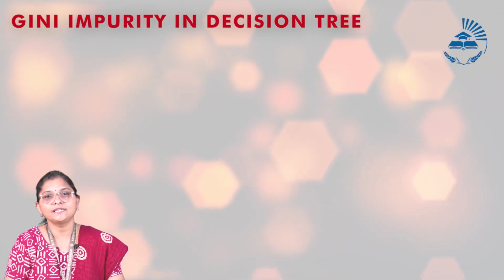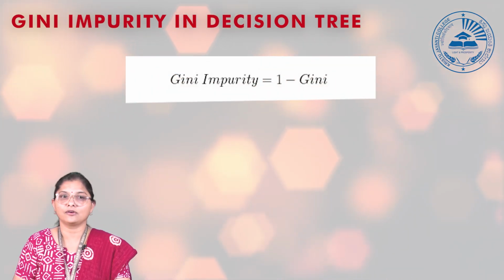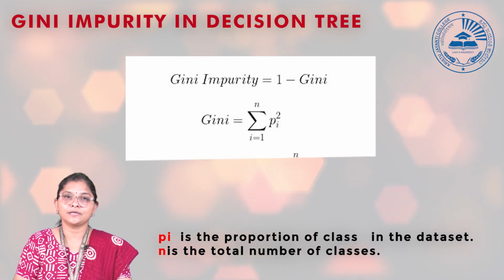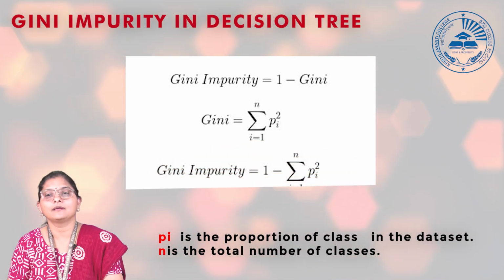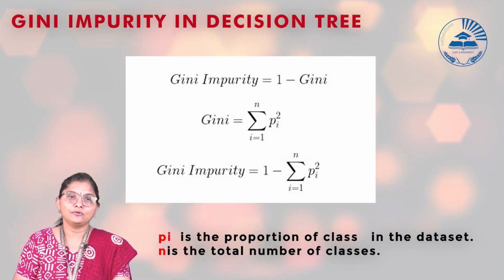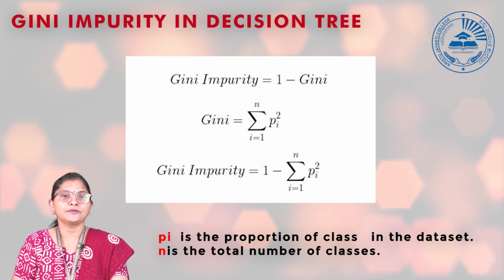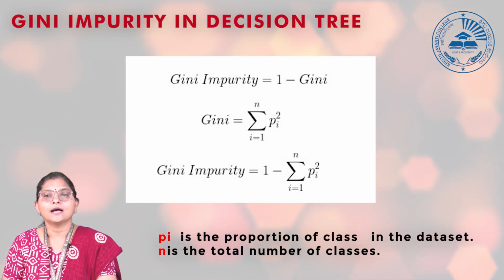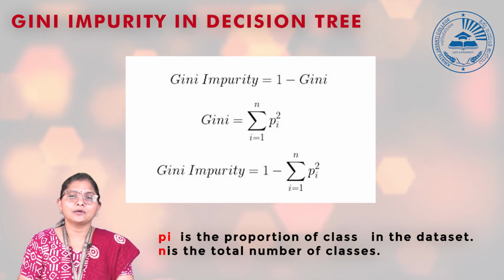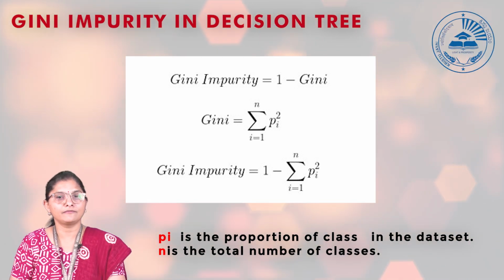Gini impurity is a method for splitting the nodes when the target variable is categorical, and this is the most popular and easiest way to split a decision tree. The Gini impurity value is calculated by 1 minus the summation of i equal to 1 to n of p_i, the whole squared, where p_i is the proportion of class i in the data set and n is the total number of classes.